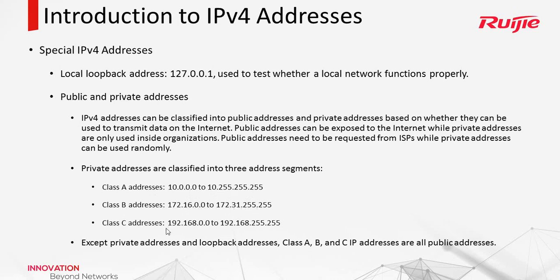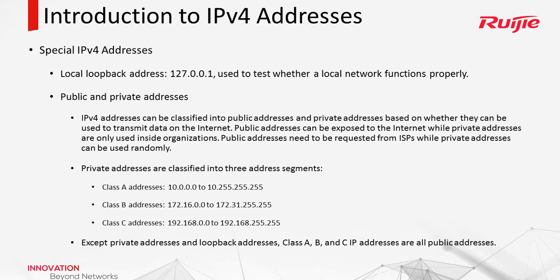And Class C ranges from 192.168.0.0 to 192.168.255.255. These three kinds of private IP address can be used in different kinds of network. If you have a big network, you can choose Class A, for a medium network, Class B, and for a small network, Class C.